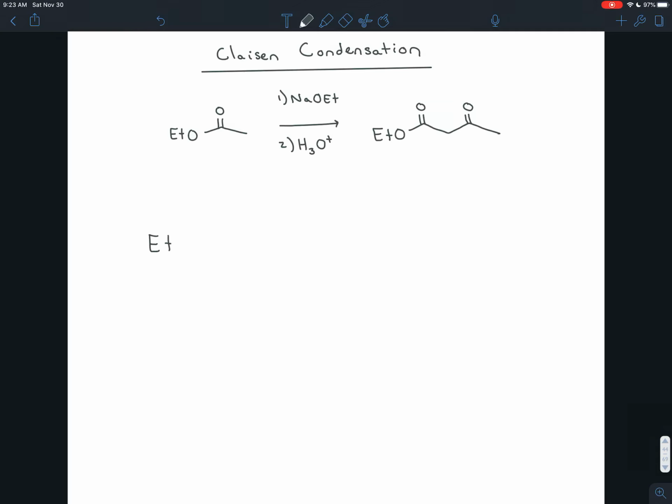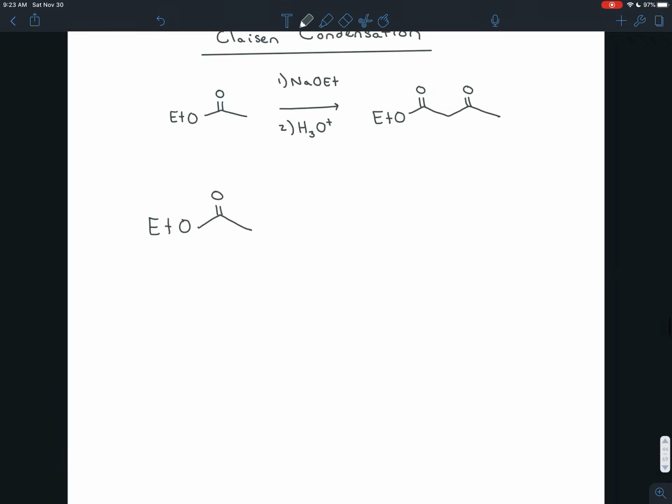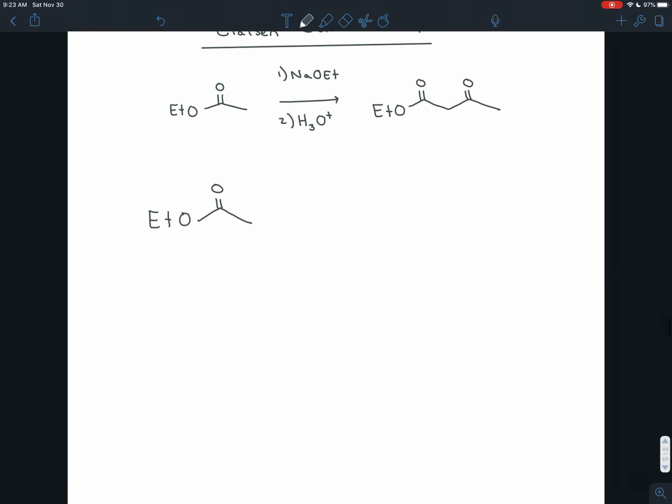Okay, so let's say we have our original ester here. How does this happen? And you want to treat this with a base. Now you'll notice we're not treating it with sodium hydroxide or with LDA, lithium diisopropylamide.